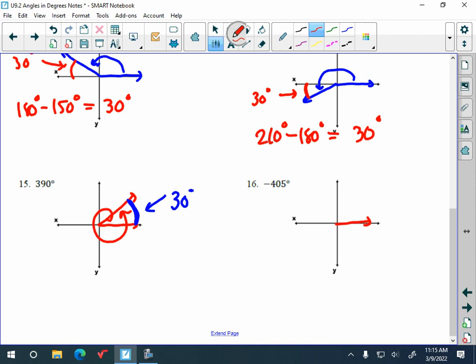All right, and then negative 405. Right, so going in the negative direction, that's negative 360. And then that means we have to go another 45. So there's negative 405. Our reference angle is right here. So what would this angle be? 45.